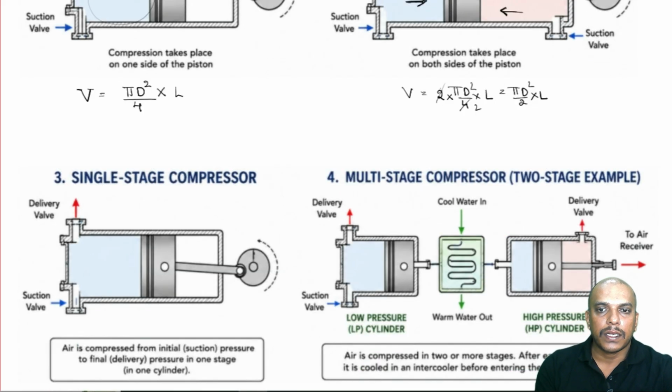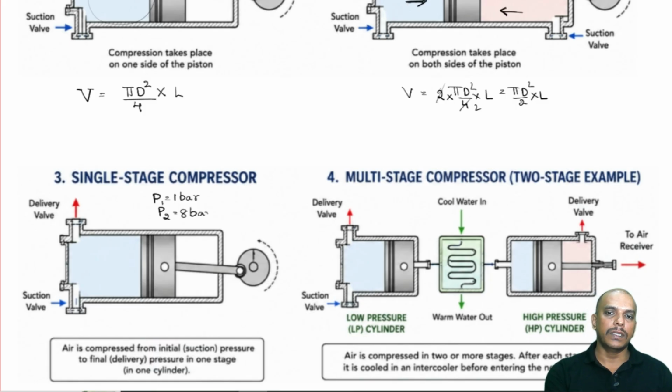Now, let us take one more category, that is single stage compressor and multi-stage compressor. Let us say we want to compress to a pressure of 8 bar. Let us say the atmospheric pressure is 1 bar, and we want to get the delivery pressure at 8 bar. Now, this can be done in one stage, all right.